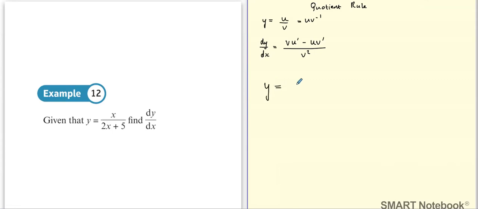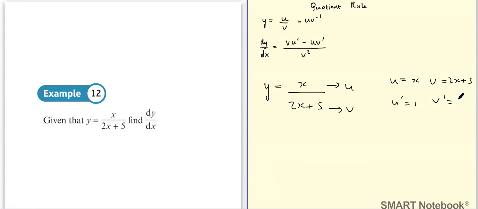So y equals x over 2x plus 5. So now, again, like we did previously, we know this is u and this is v. So we're going to write u equals x. So u dash is going to equal 1. v equals 2x plus 5. So v dash is 2. And now we just plug everything into the quotient rule.